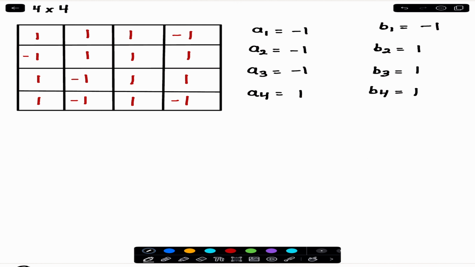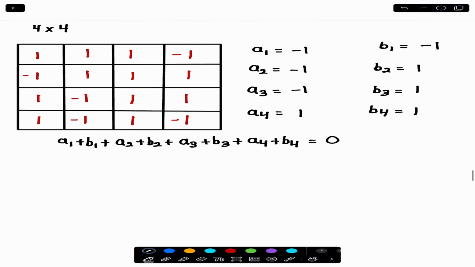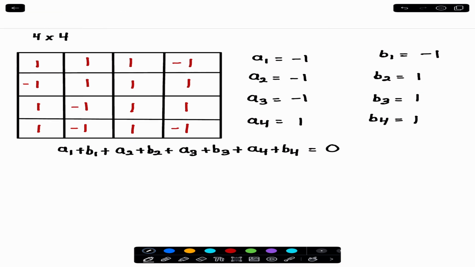But notice that this time A1 plus B1 plus A2 plus B2 plus A3 plus B3 plus A4 plus B4 is actually equal to 0. And this can be easily verified.